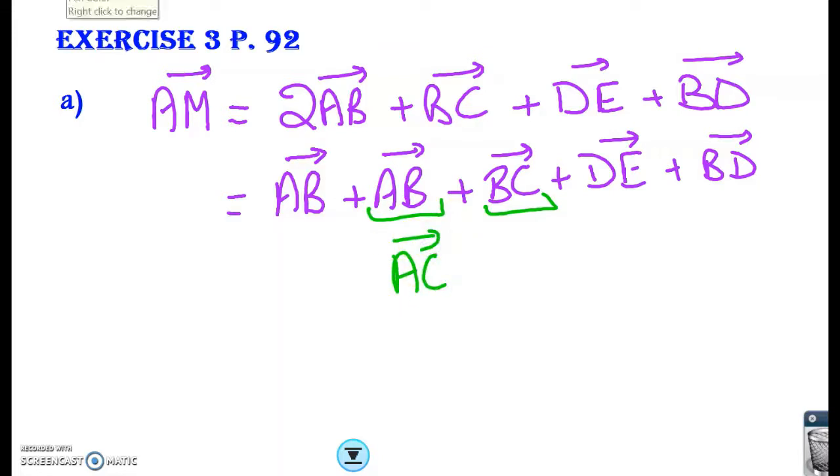And notice also that vector AB plus BD, the resultant vector will be vector AD, since the ending point here is the same as the starting point here. So this will give vector AD.